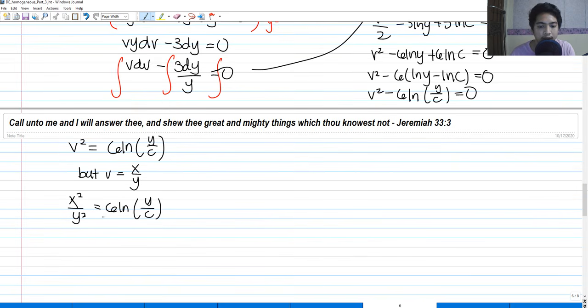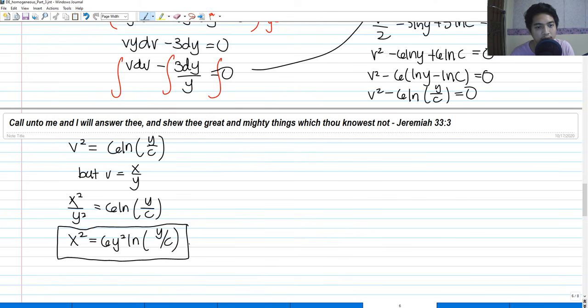So multiply it, and we have x squared equals 6y squared ln of y all over c. And this is our general solution for our homogeneous differential equation.